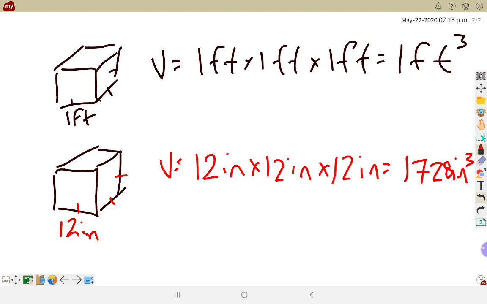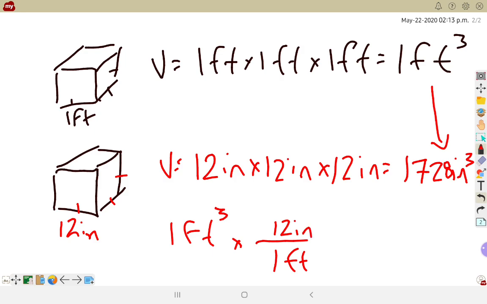Now chances are you're not going to remember that conversion factor, that 1 foot cubed is 1,728 inches cubed, right? But I can always find it by using my unit analysis. So if I have feet cubed, I want to cancel out my feet. I know 1 foot is 12 inches, and I just need to make sure I do that conversion 3 times because I'm in cubic units. Okay, so that's converting back and forth.